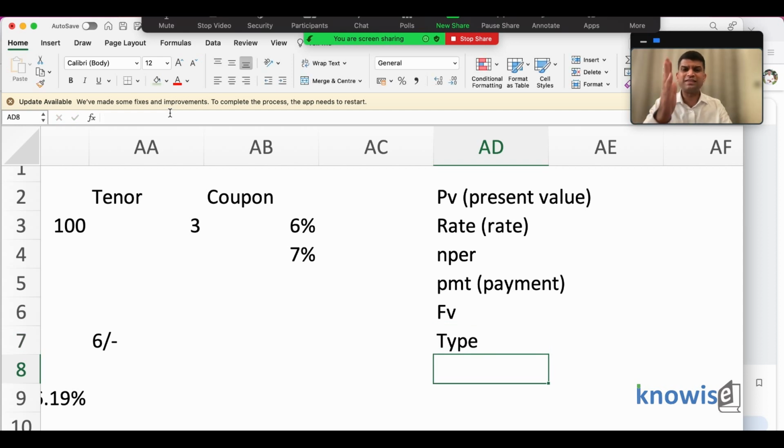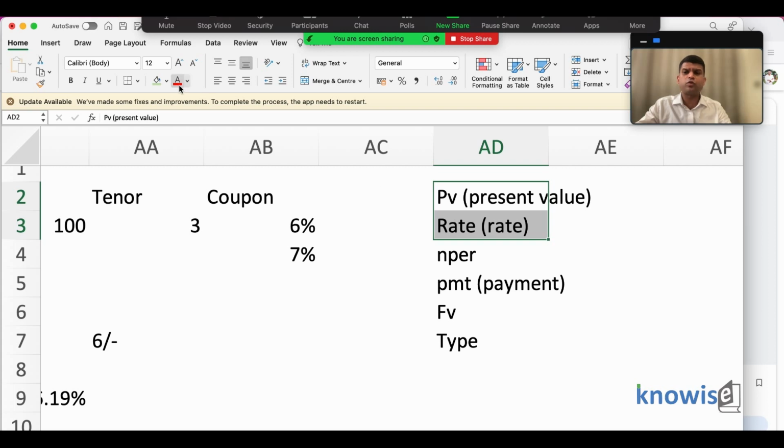All you need to do is write down these 6 variables in this particular order and replace the numbers from the question given. Just replace it and put the question mark at the place of whatever function you're supposed to solve. Now, interestingly, when we look at bond valuation, in majority of the questions, you would be solving either present value or the rate function.